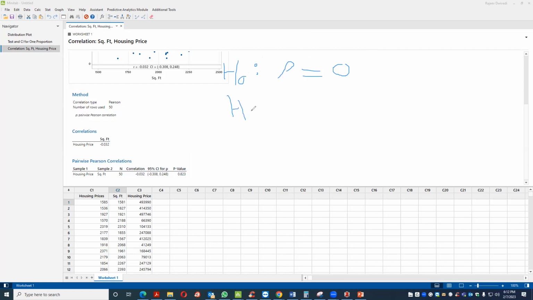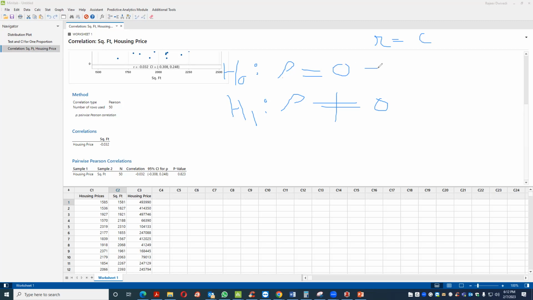And H1, please remember, rho not equal to 0. So this is for correlation. Small r is denoted for correlation in the sample, and rho is for the entire population. So H0 is rho equal to 0.